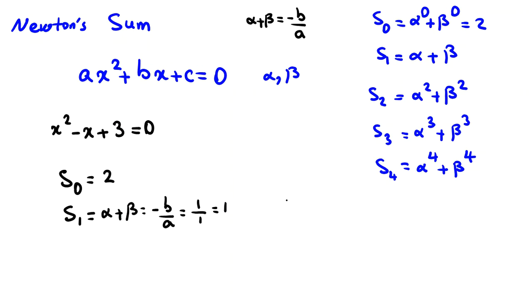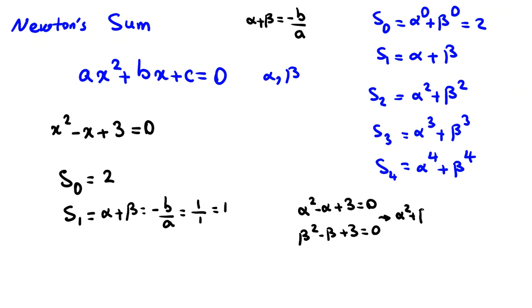So here I say, okay, alpha and beta are roots of this equation. So alpha squared minus alpha plus 3 equals 0, and beta squared minus beta plus 3 equals 0. If I add these two things, I will have what?